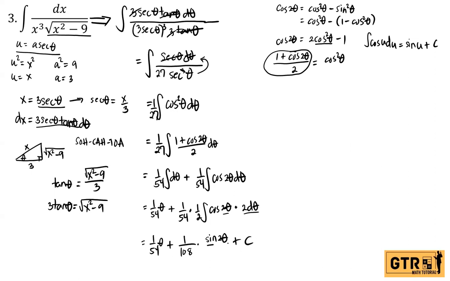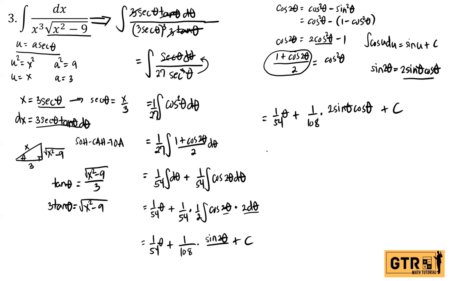We have an identity for sine 2 theta: sine 2 theta is equal to 2 sine theta times cosine theta. Okay, so apply this identity. So therefore we have 1 over 54 theta plus 1 over 108 times 2 sine theta cosine theta plus c.